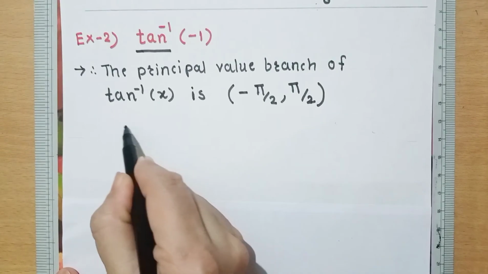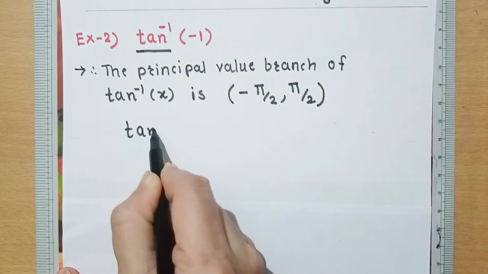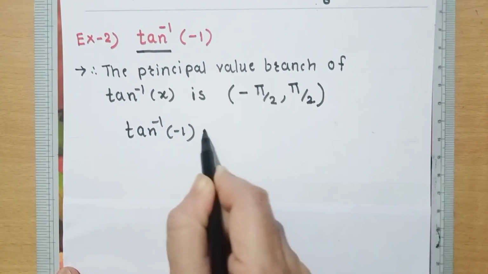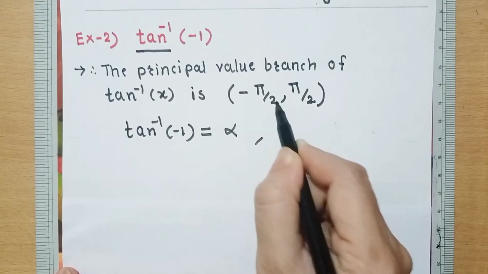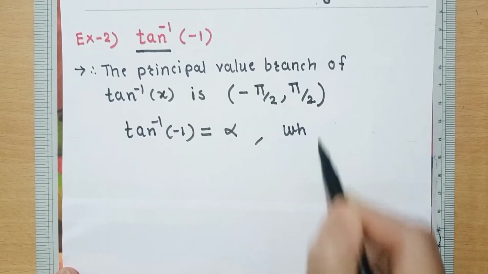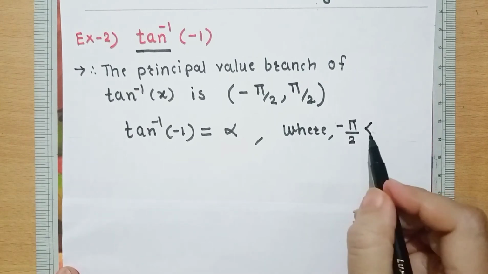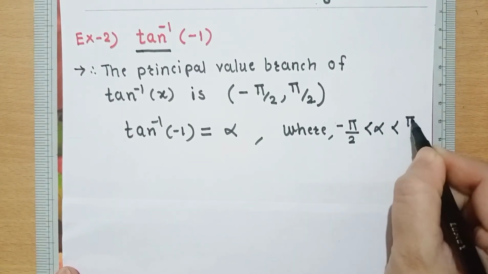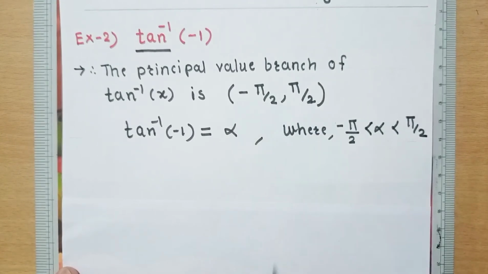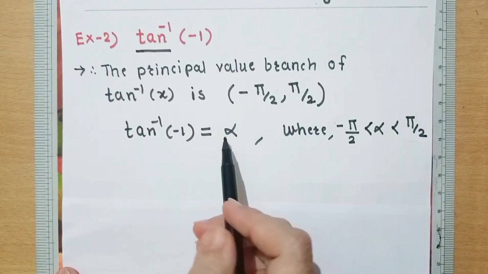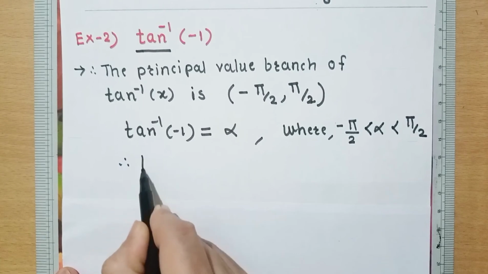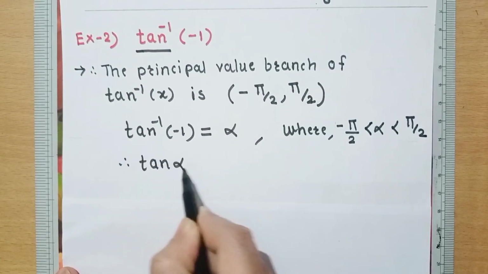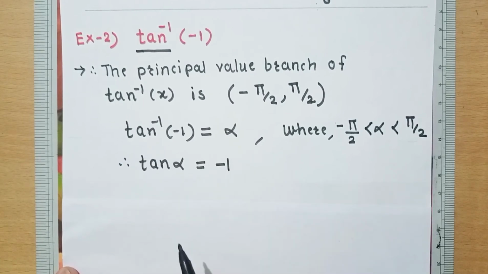So let's assume tan inverse of -1 equals alpha, where alpha lies between this. I have written minus pi by 2 strictly less than alpha, strictly less than pi by 2, because this is an open interval. Now move tan inverse there, and so we have tan of alpha is equal to -1.